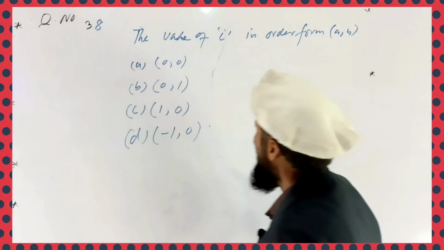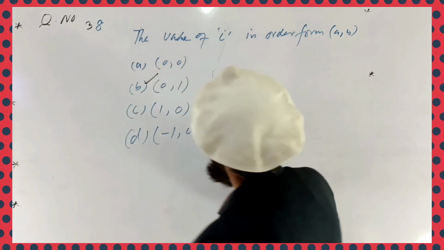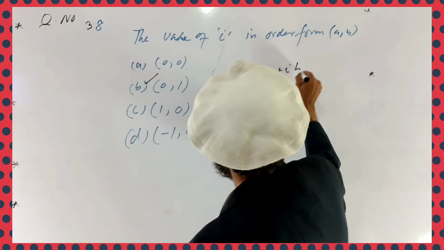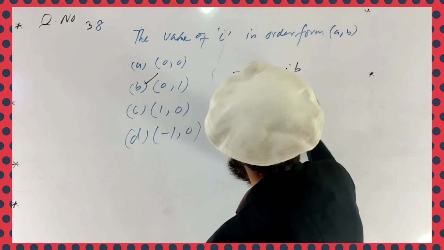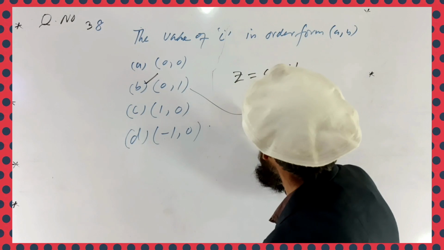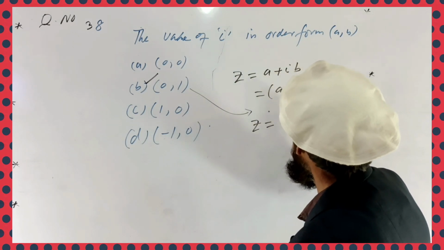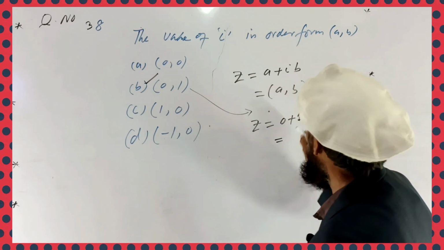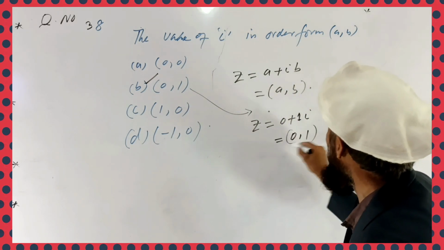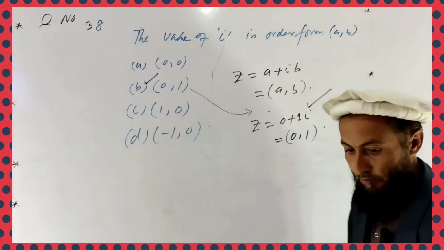And correct answer is B. We know that Z is equal to A plus iota B, and in ordered form we can write A over B. Similarly, in this form we can write Z is equal to 0 plus 1 iota. So that will be the correct answer. We can write 0 over 1. So the correct answer is B.